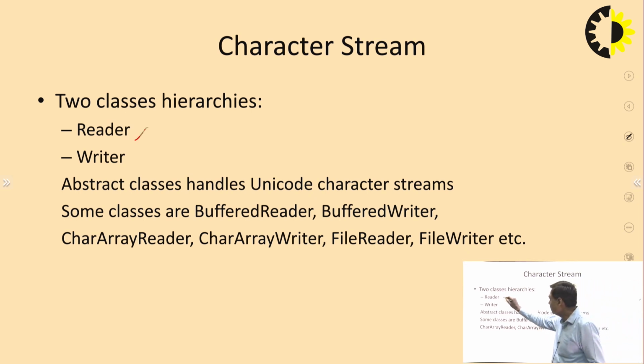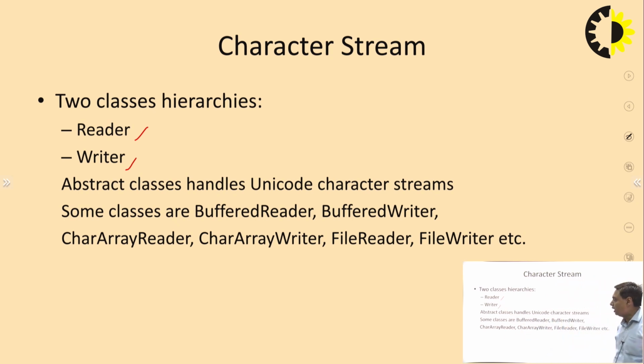Now two different classes are available for the character stream: one is Reader, the second is Writer. These abstract classes handle Unicode character streams. Some of the character stream classes, which are basically subclasses of Reader and Writer, are BufferedReader. Remember, when we have Reader here, it means it is a character stream.